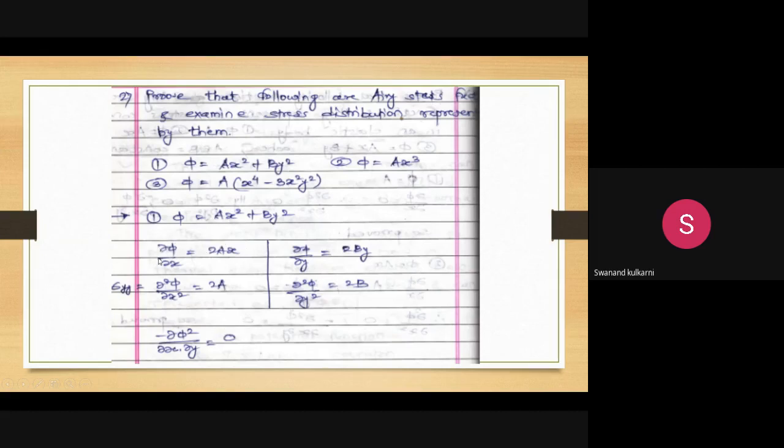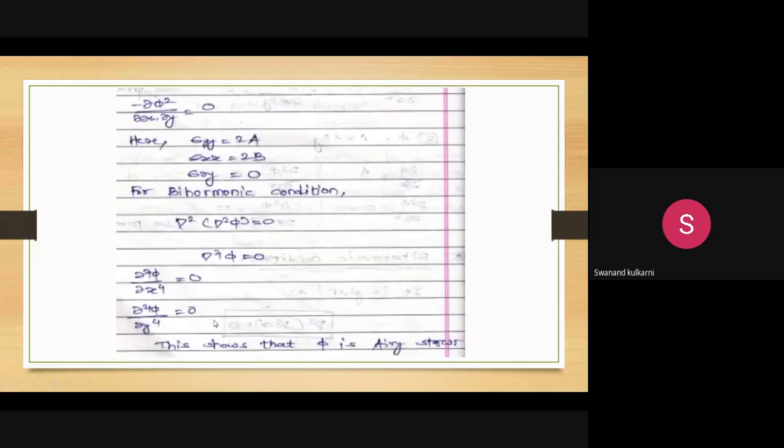So dou 2 phi by dou x dou y becomes equal to 0, and then we may say here that stress along the y-axis is 2a, stress along the x-axis is 2b, and shear stress sigma xy is equal to 0. So like this we have solved the first example here.